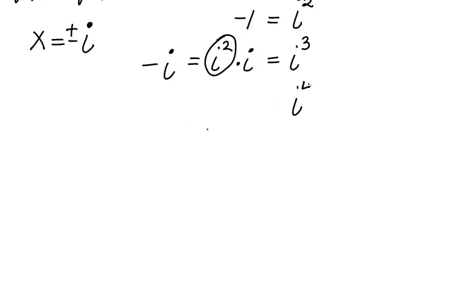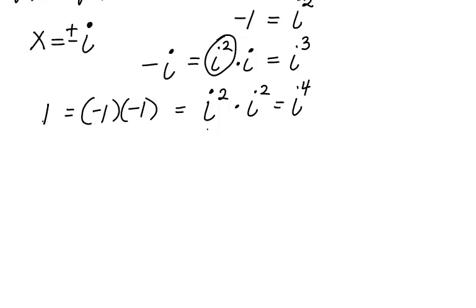i to the fourth can be split up into i squared times i squared. But i squared is -1, so you'd have a -1 times a -1, which is a +1. And the pattern repeats every 4.